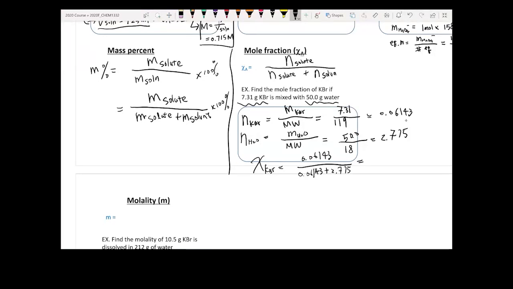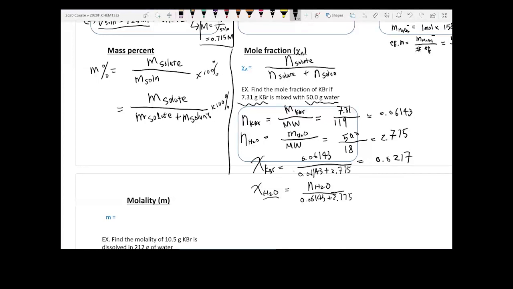You are going to get 0.0217. If you want to calculate the mole fraction of H2O, you put the number of moles of H2O in the numerator, and the denominator is again the same, 0.06143 plus 2.775.